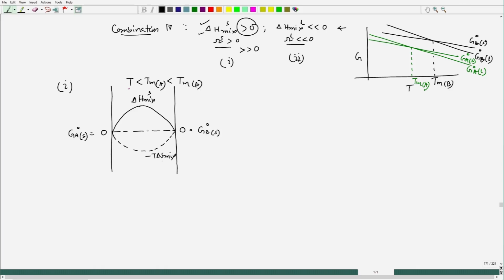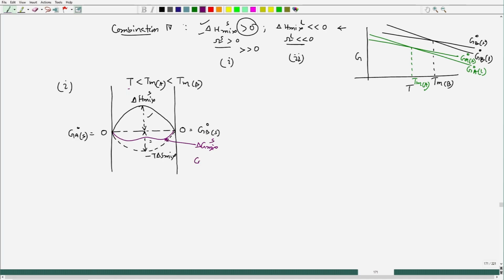Now, under this situation I see that at the meet point, these two distances are different. In fact, this one is more than this. So, my plot for the solid solution free energy, or let us say delta G mix, would be this one. So, this would be delta G mix of solid.